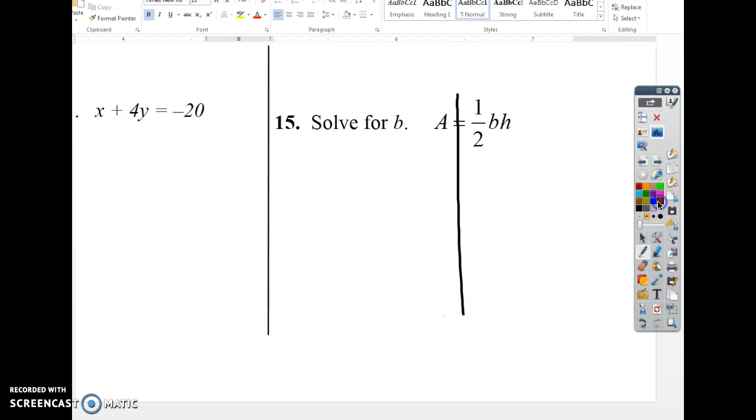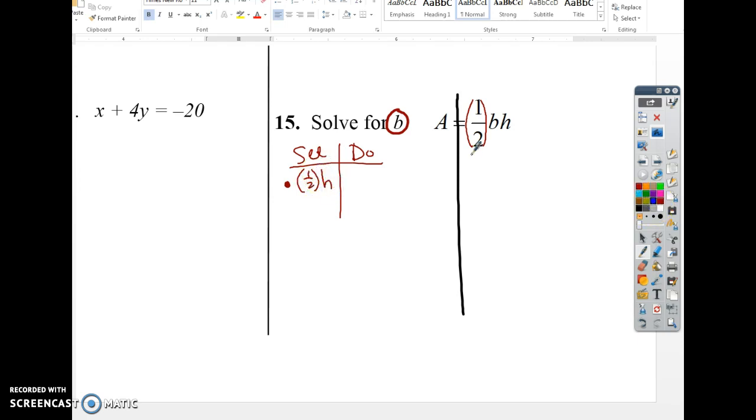It's asking you to solve for B. So we need to ask ourselves what's happening to B. So what is B doing? B is being multiplied by a half and by H. Being multiplied by a half and H together at the same time.